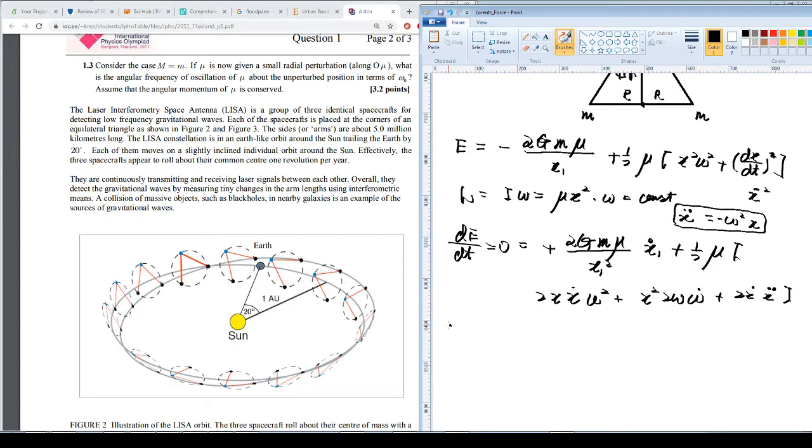We also need to take a derivative of the angular momentum because that will give us a relationship between omega dot and x dot, which we substitute into the derivative of the energy equation. So we can get rid of all the omega dot.